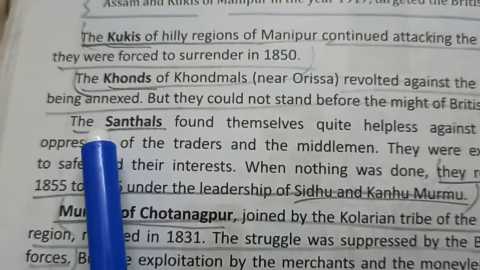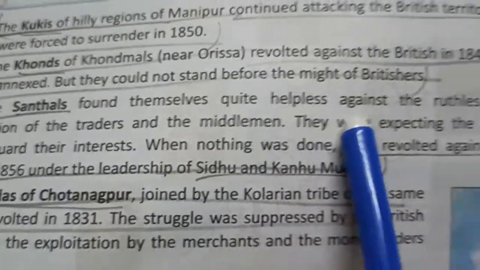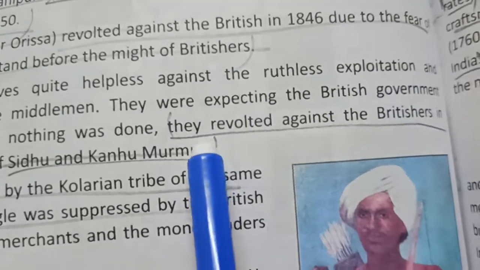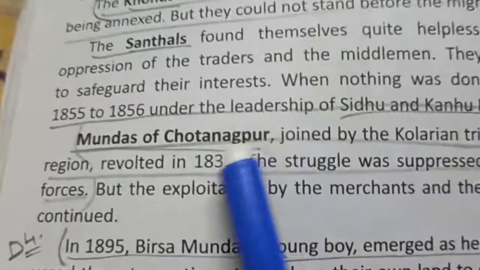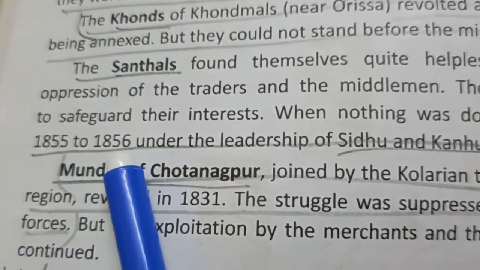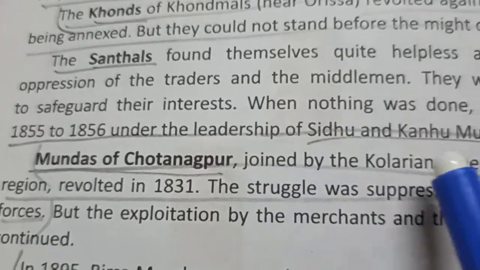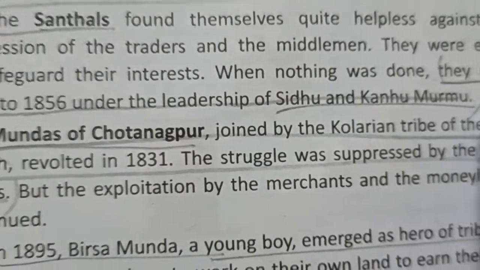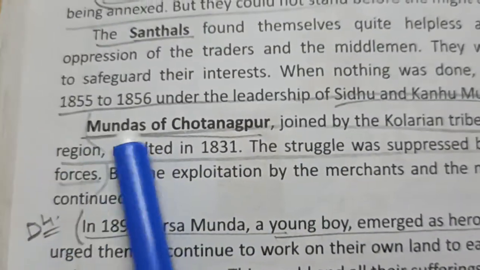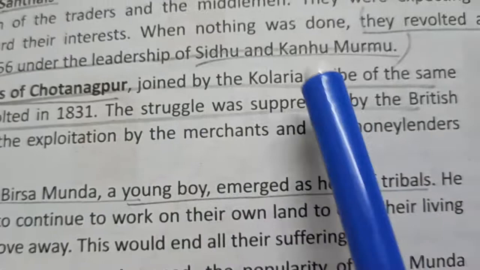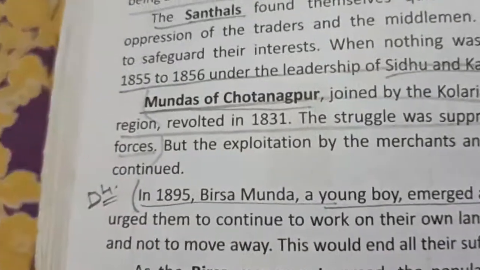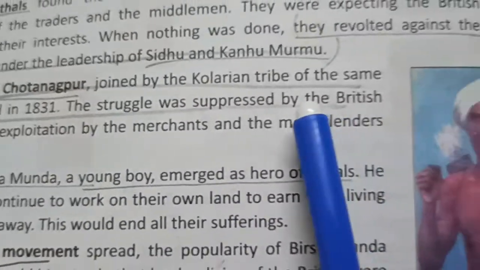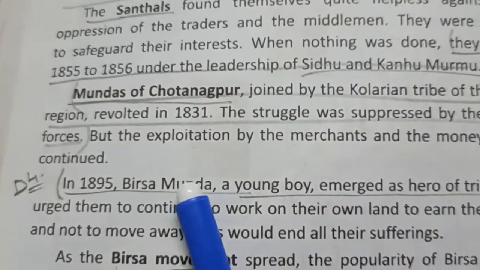Next, fourth revolt you can write, the Santhals found themselves quite helpless against the ruthless exploitation and they revolted against the Britishers in 1855 to 1856 under the leadership of Sidhu and Kanu Murmu. And last you can write about Munda, Birsa Munda. Mundas of Chota Nagpur, joined by the Kolarian tribe of the same region, revolted in 1831, and the struggle was suppressed by the British forces.